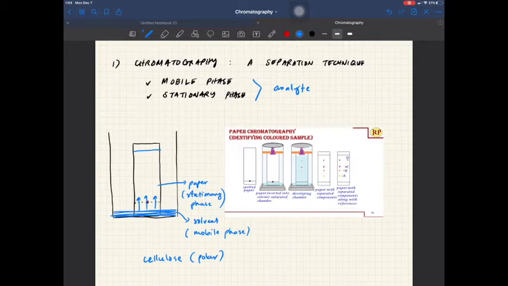So as you can see here, in the following photo, suppose compound A is our analyte and we have a mixture of other components. So we could say that analyte is strongly attracted to the stationary phase compared to compound D, for the reason that compound D travels very far compared to compound A. This is the starting line.